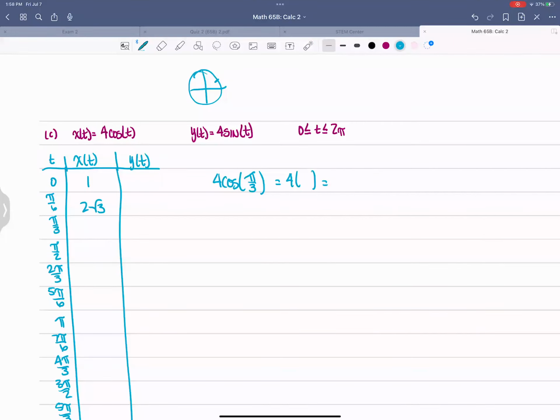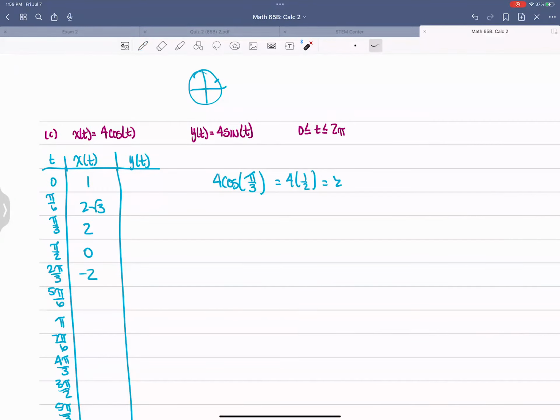Cosine is 1/2. So that's going to be 2. Pi halves up here, we're at 0. And then we have 2 pi over 3 over here. Cosine is negative 1/2. So this is going to be negative 2.